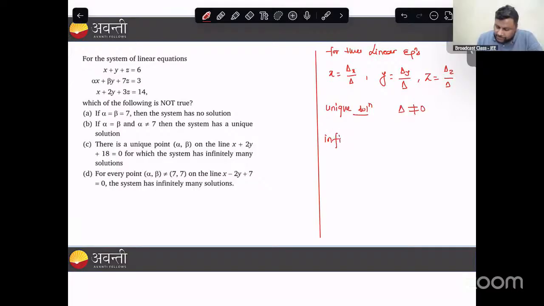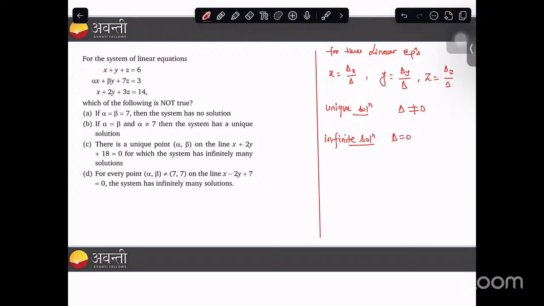For infinite solutions, Lakshmi, what is the condition? Vedasri, what is the condition? Sir, is it delta equal to 0?